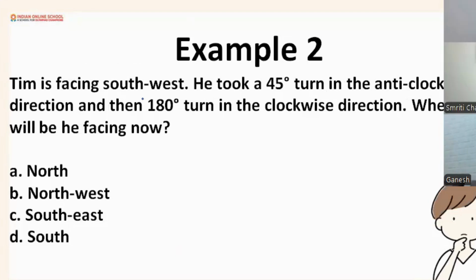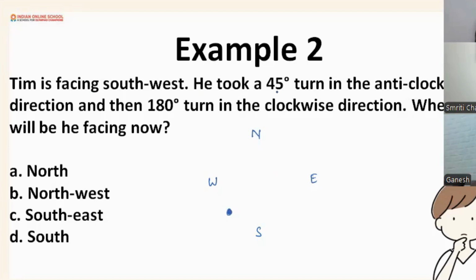Yes? Okay. So now we have another example. Now Tim is facing southwest. Before doing any question, first we need to mark the directions: north, south, east, and west. Now Tim is facing southwest. Southwest needs to be where? It should be here only, southwest. Correct. Now Tim is facing here.